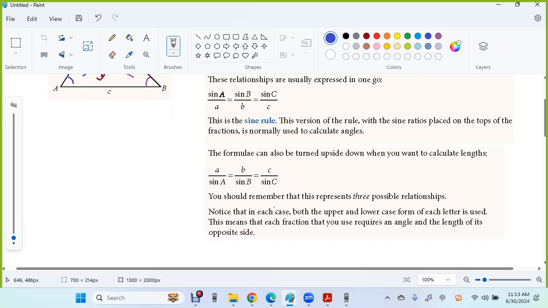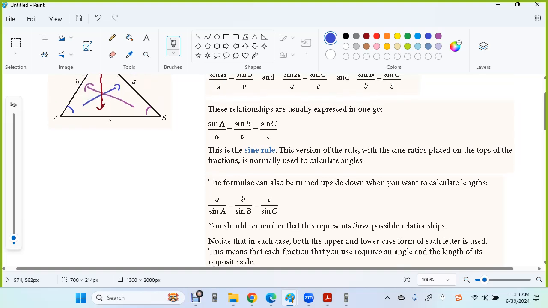Notice that in each case both the upper and lower case form of each letter is used. Each fraction that you use requires an angle and the length of its opposite side.